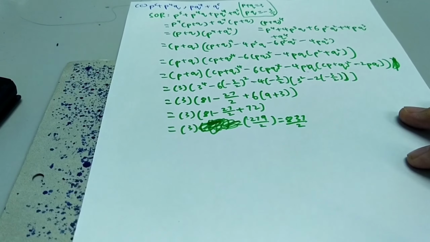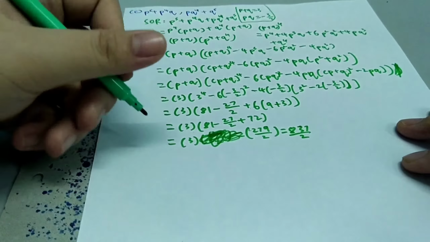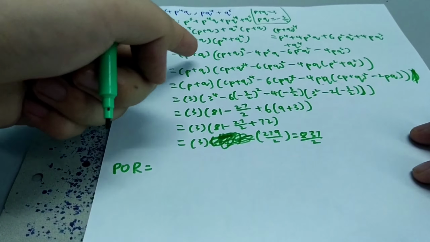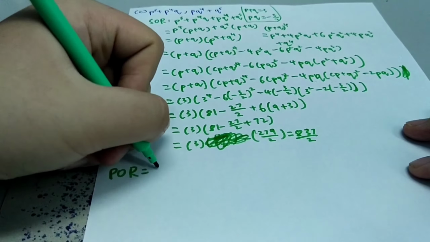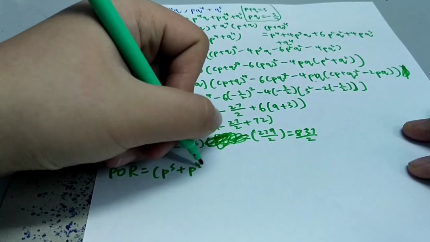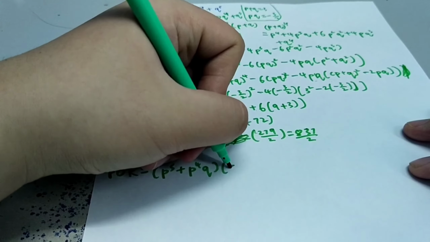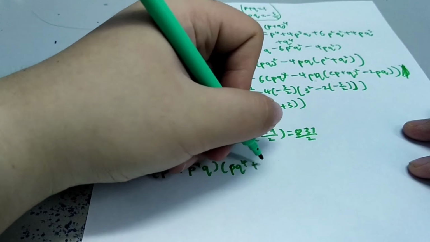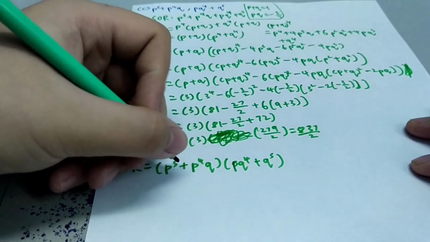Now let's talk about the product of roots. So the product of root is going to be equal to the product of these two roots. So p power 5 plus p power 4 times q, and then pq power 4 plus q power 5.